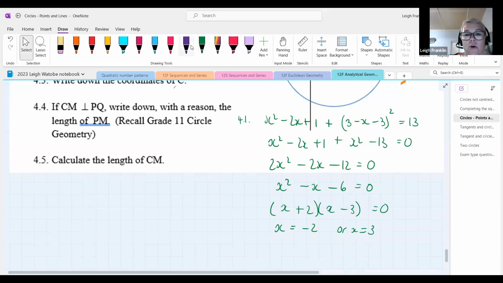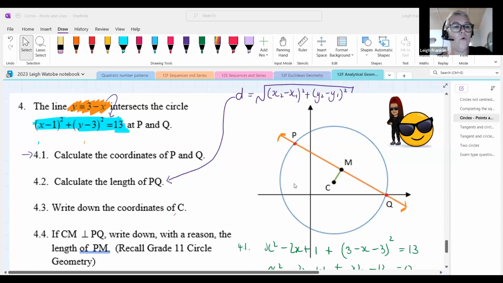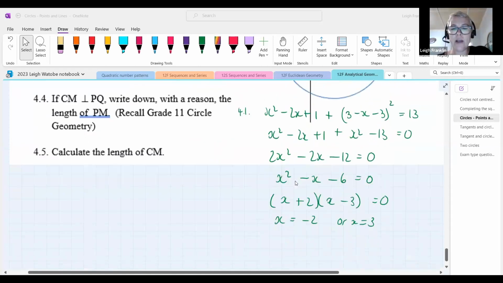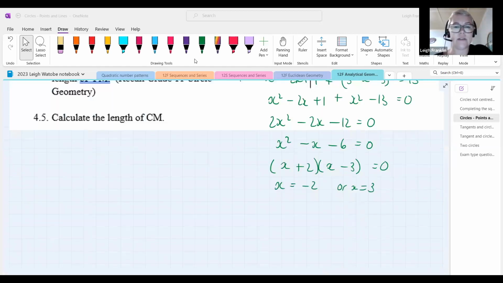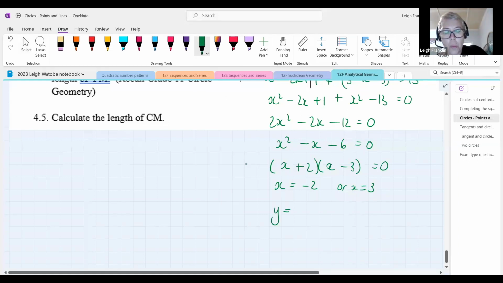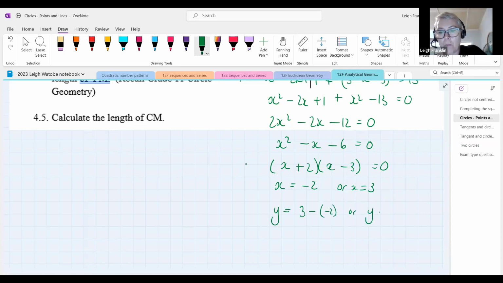Well done. Okay. All right, and now that we have got our solutions for x, we need our solutions for y. So we would have gone and used the orange equation. What did you do there, Mpondoda? Do you want to just finish this off for us? Yes, I got y equal to 3 minus 2, or y equal to 3 minus negative 3.